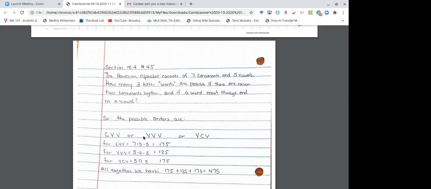And then we break down each scenario. So there are 7 consonants, 5 vowels, and 5 vowels. Doesn't say we can't repeat the vowels. So all of these stay the same. This is basic counting principle, fundamental counting here. I do this 3 separate times, and I get 475 outcomes.